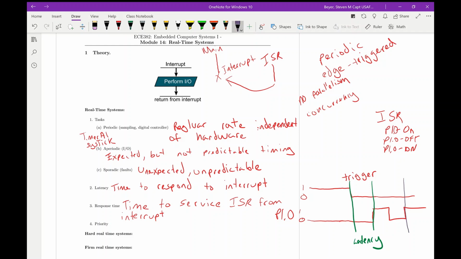We're here, and the time between here and here is our response time.